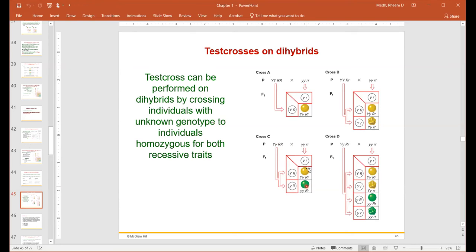So you get two possible outcomes. So this would be the sample that you started out with.